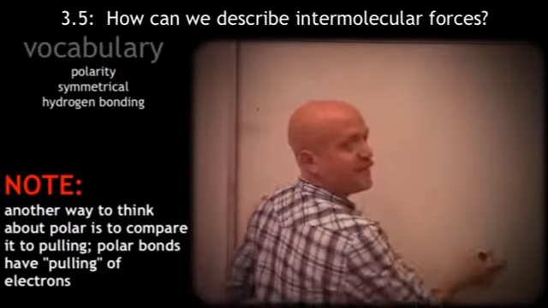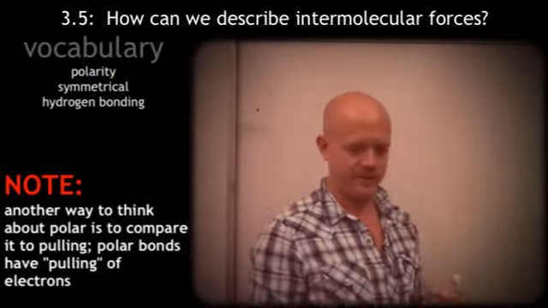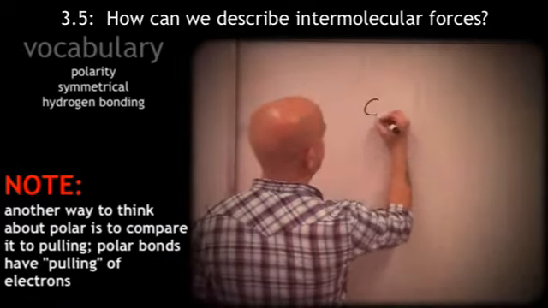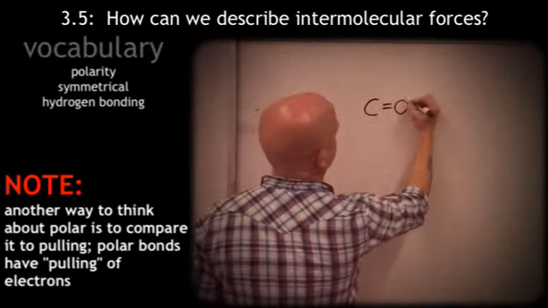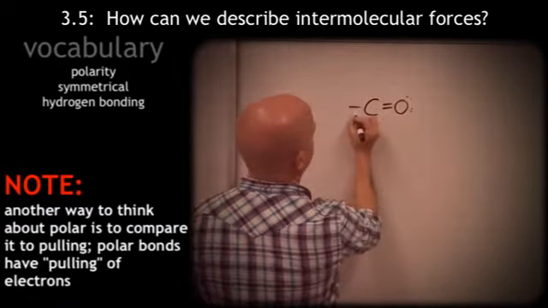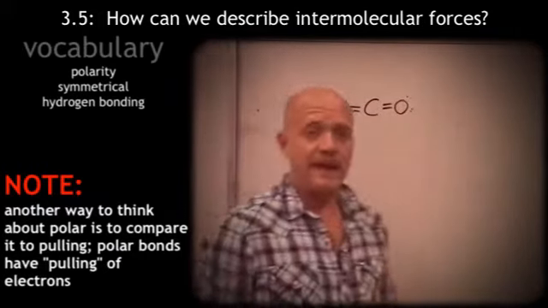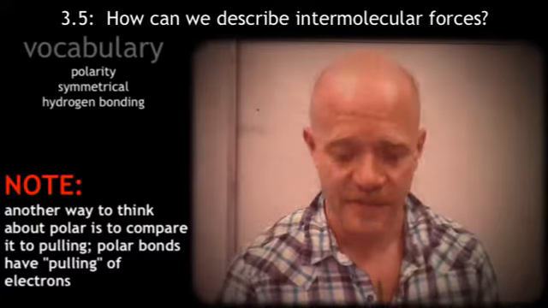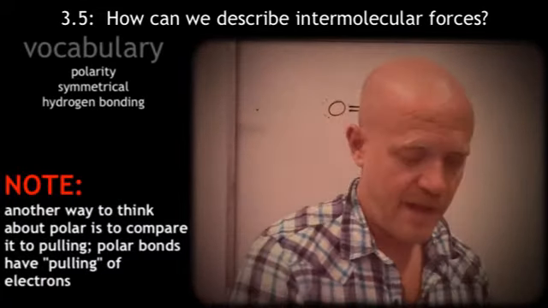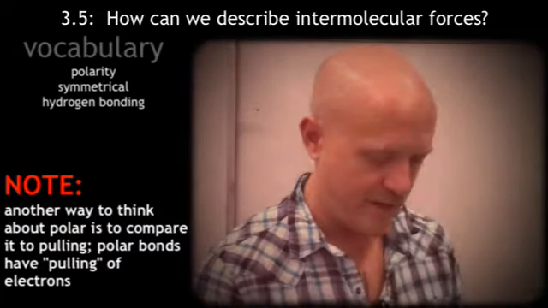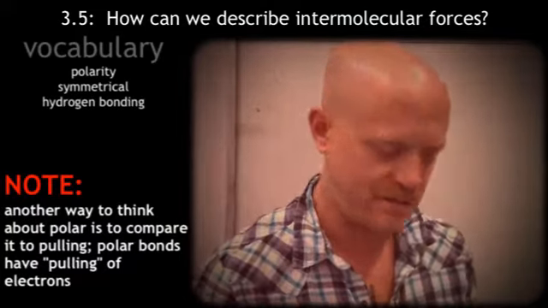I'm going to show you an example of something that is not polar. So we have carbon dioxide, which, if you draw it correctly, is going to look like this. Now I'm going to use my electronegativity values from table S, and I'm going to write them down next to my elements.